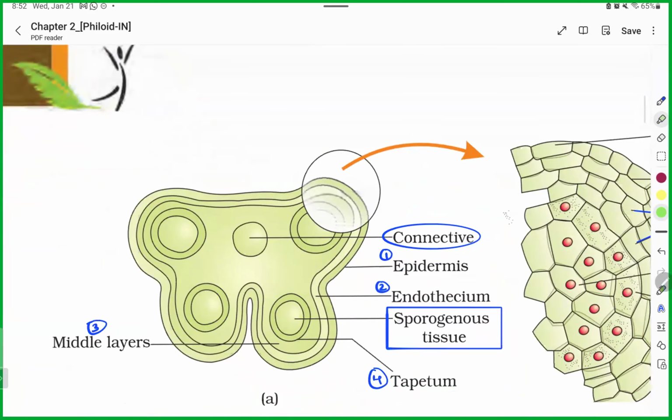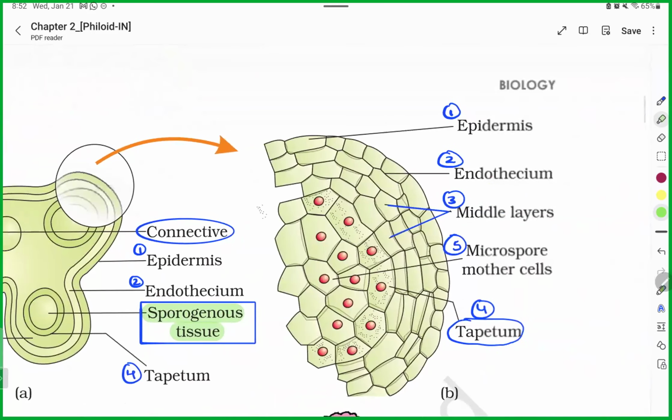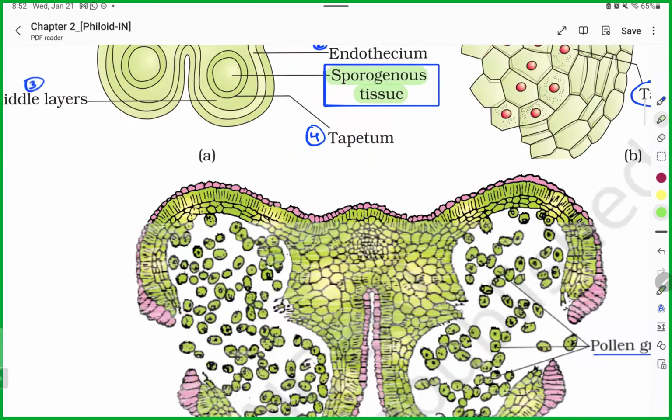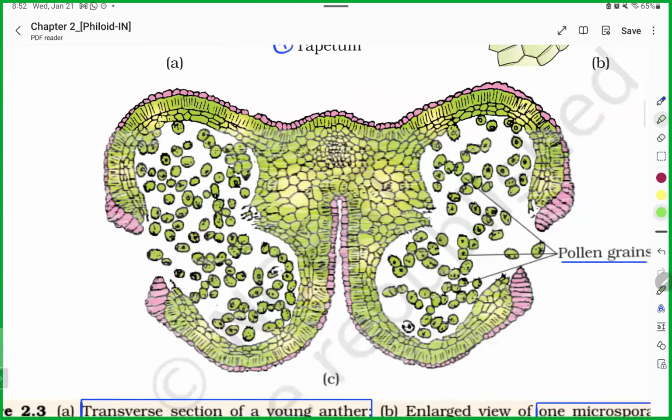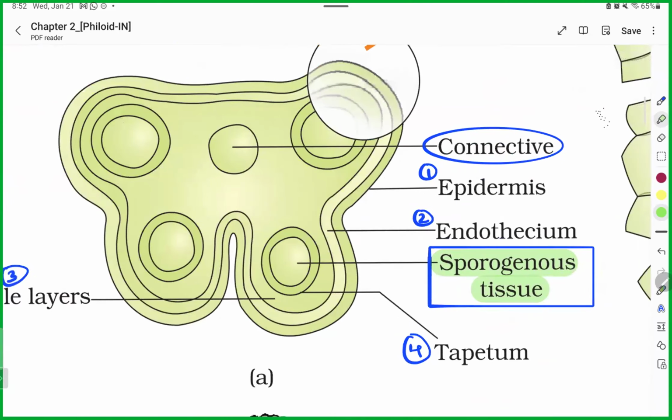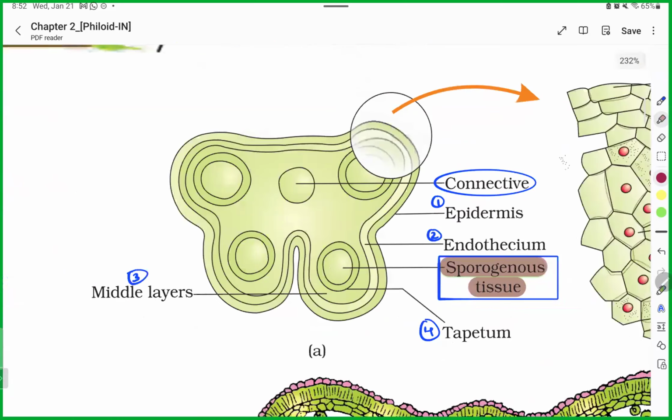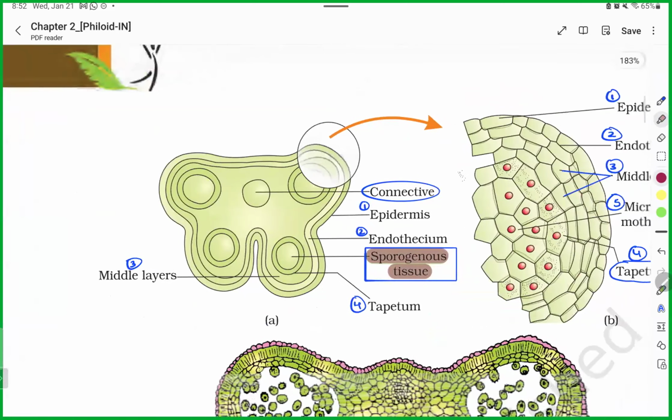As you can see, in the young version it is visible, but you cannot see it in the mature and the most mature one. How many of you noticed that sporogenous tissue is present only in the young version, but not in the other two?